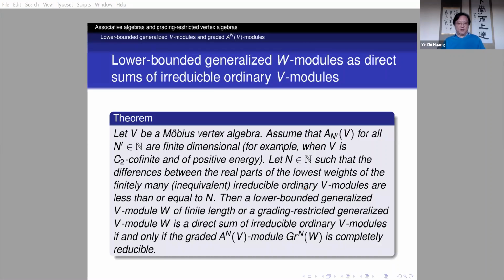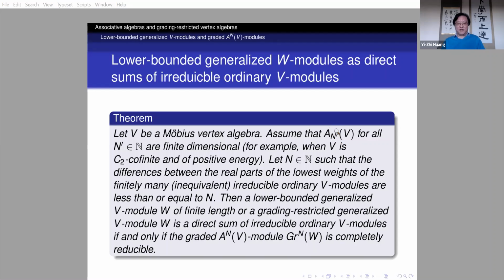Okay, so now the theorem is the following. V should still be a Möbius vertex algebra, and here we assume that all those A_n(V) are finite dimensional. For all n, I think I have made a typo here: this should be A'^n(V), A upper n prime of V. A lower n is the notation used by Dong, Li and Mason, so that is a different algebra.